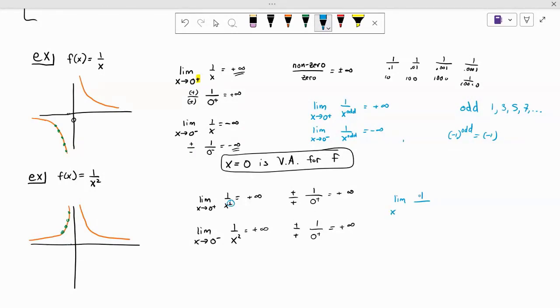And 2 is an even number, and it turns out that this kind of rule holds for any integer even power. This would be plus infinity.